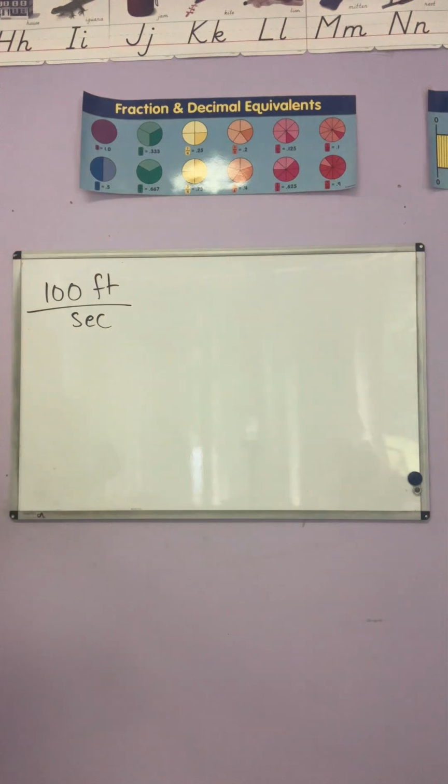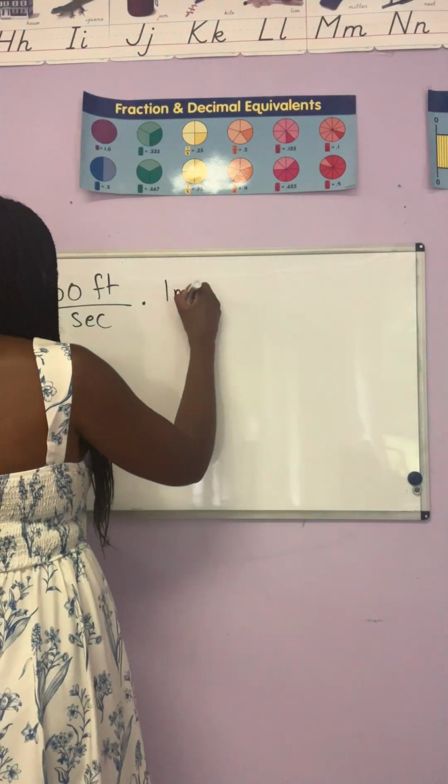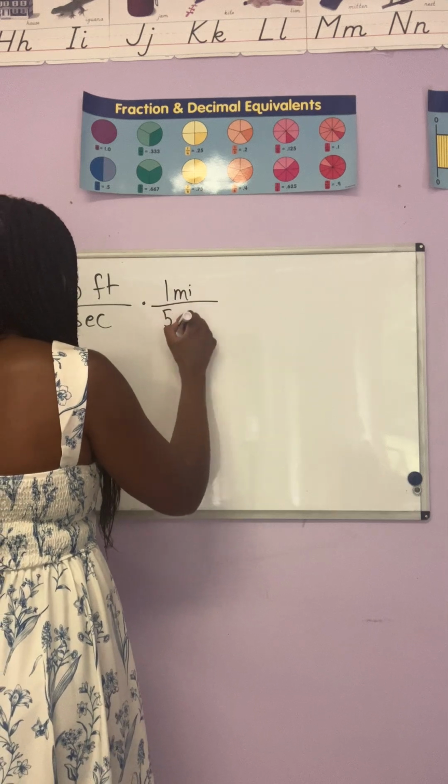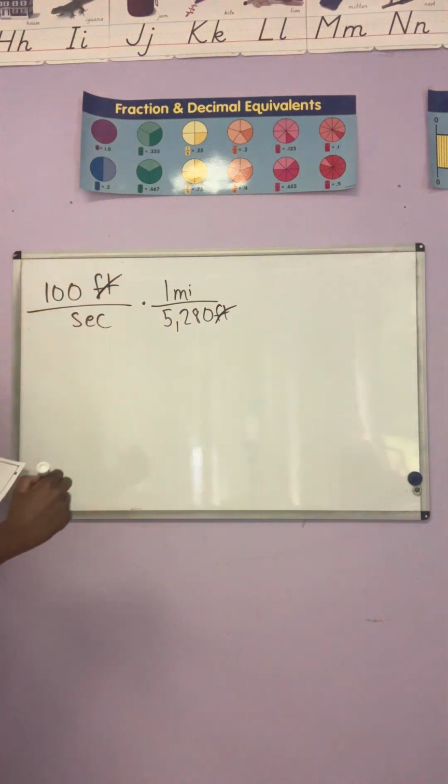If we're going from feet to miles, we just did that one. We know that 1 mile is 5,280 feet. So we have feet on top and bottom, they cancel. And then we're going from seconds to hours.